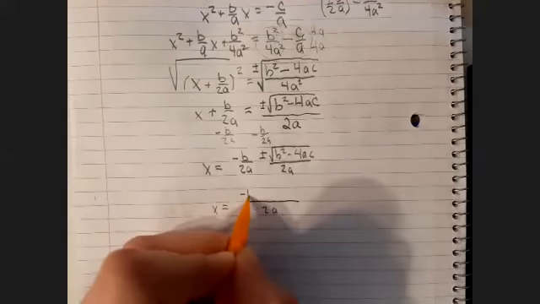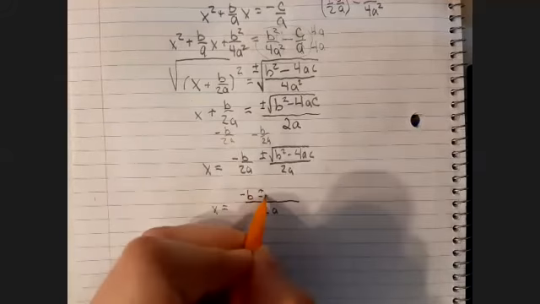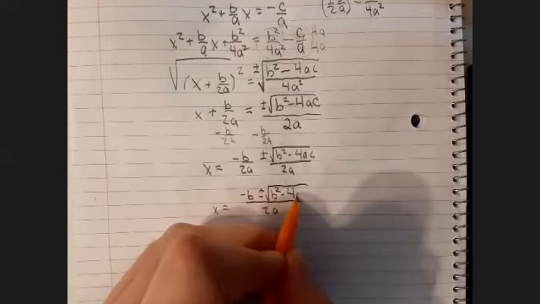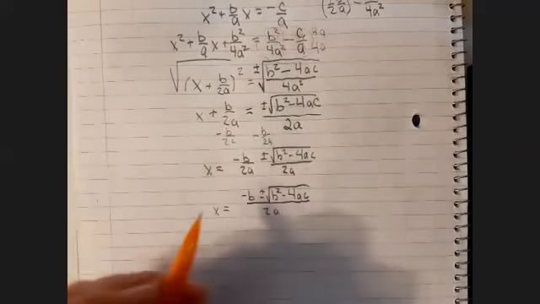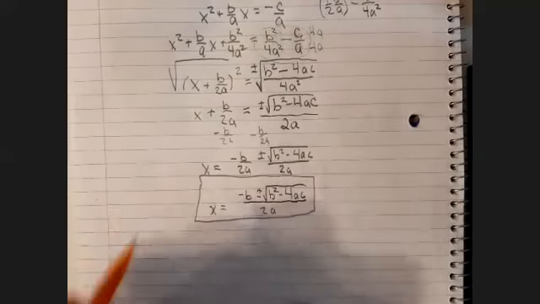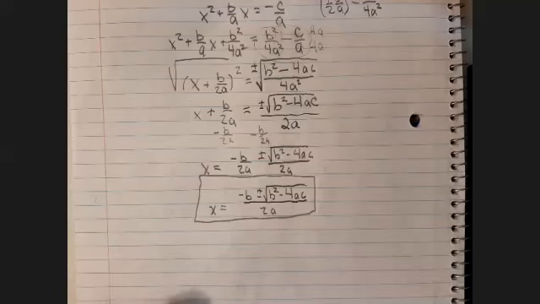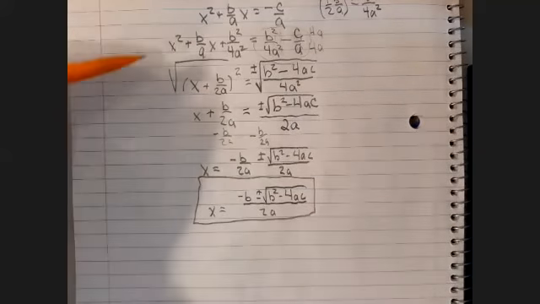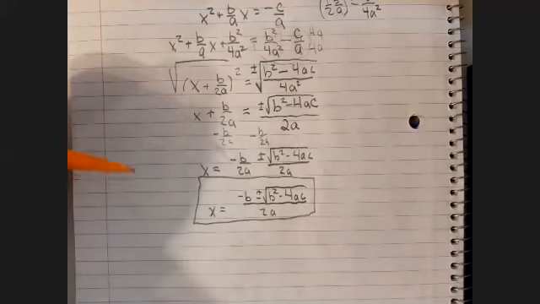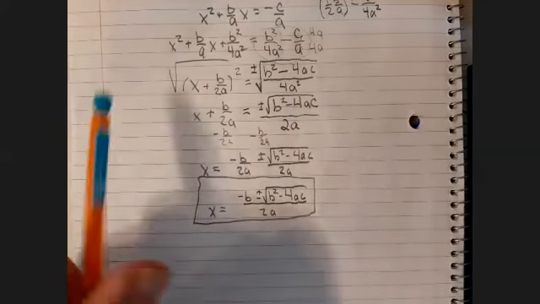And you have negative b plus or minus the square root of b squared minus 4ac, all over 2a. And that, ladies and gentlemen, is the quadratic formula. So maybe you can memorize how I did this and go into class and tell your teacher, hey, I know where the quadratic formula came from. Maybe you could try that one.